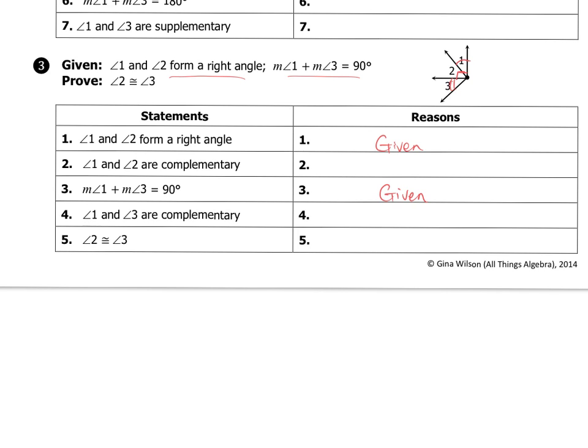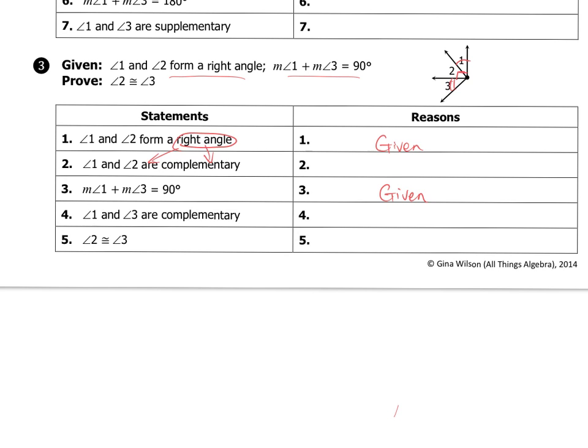Sorry. All right, let's go back to step 1. Angle 1 and angle 2 form a right angle. Step 2, they are complementary, and that's by definition of, if I have a right angle, then these 2 angles add up to 90 degrees to be complementary.